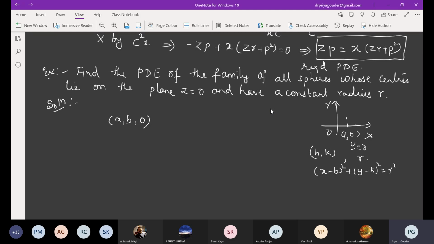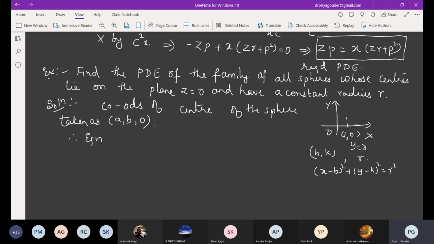The coordinates of the center of the sphere can be taken as a comma b comma 0.